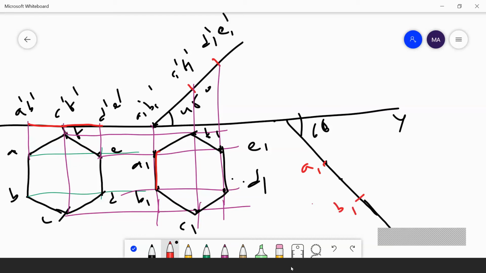I am getting B1 here. After that, I am drawing this pink color violet line here. It is perpendicular to A. I am drawing like this. It is also perpendicular to A. I am drawing like this. Understand? Is it clear?